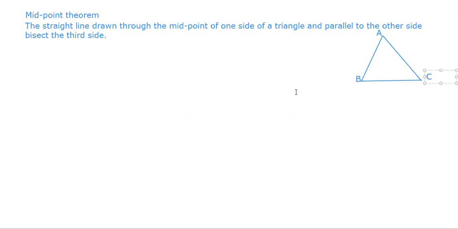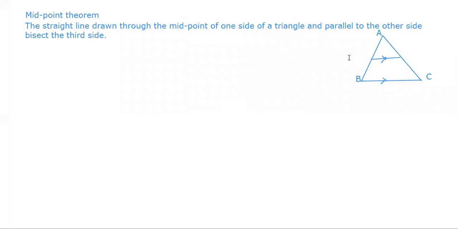Now here, the straight line is drawn through the midpoint of one side. Suppose this is the midpoint, and the line is parallel to the other side, parallel to the base.